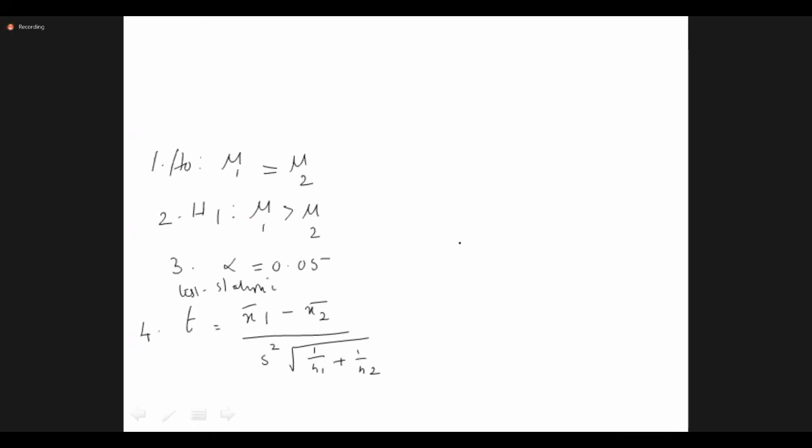Here s square we use the formula 1 by n1 plus n2 minus 2 into n1 s1 square plus n2 s2 square.